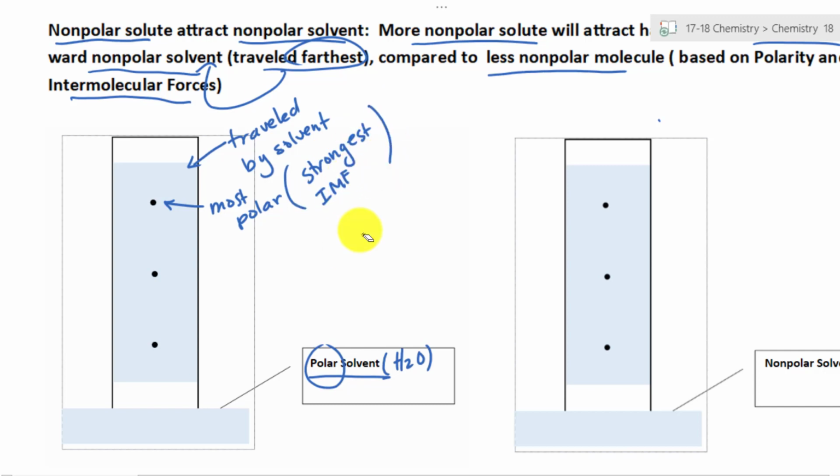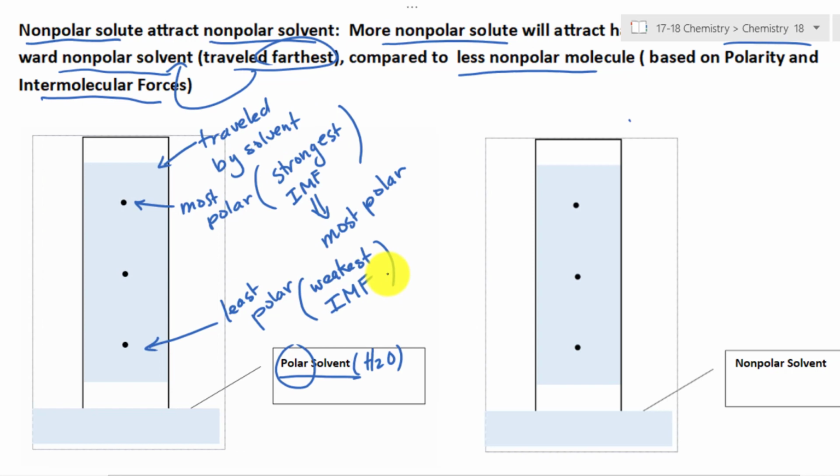Basically, the stronger the IMF, the more polar it is. Down here, it travels the shortest distance, so this would be the least polar, or in terms of intermolecular force, it would have the weakest intermolecular force, which we abbreviate as IMF.